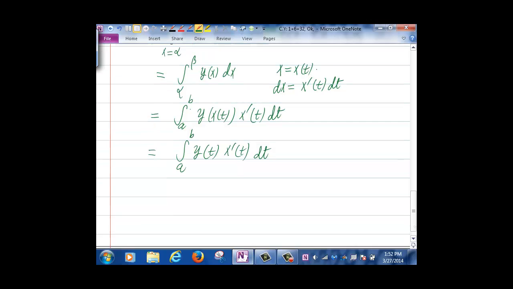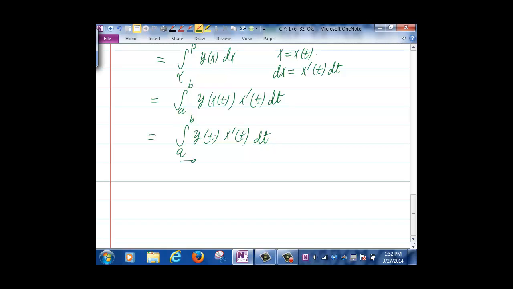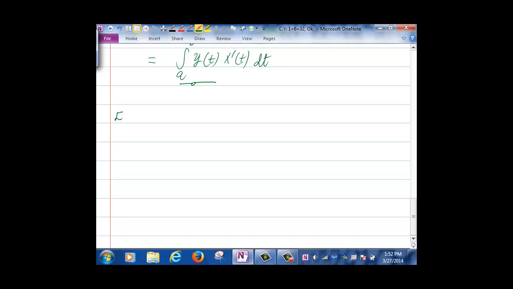Okay, so let's look at an example to make this clear. Remember that we had this curve, I went over this curve in the class.